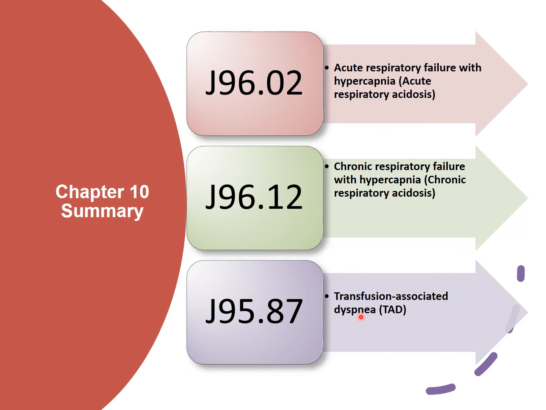Acute respiratory acidosis and chronic respiratory acidosis are excluded from the acidosis category, so code them additionally. And for lactic acidosis and metabolic acidosis, the codes are the same, but for respiratory acidosis, the codes are different.